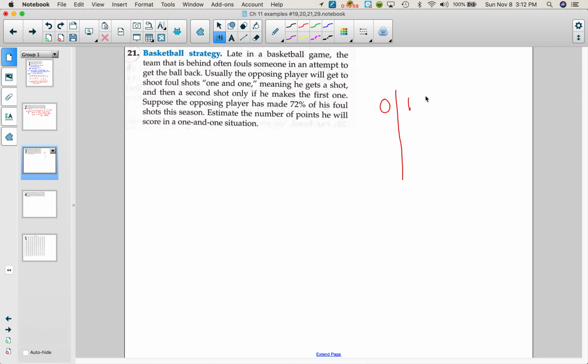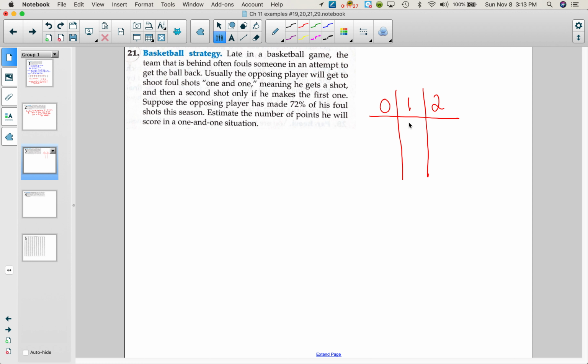But if you make both shots, then you have a total of 2. So these are your options. You might have 0 points, you might walk away with 1 point, or you might walk away with 2 points. So those would be the possibilities.